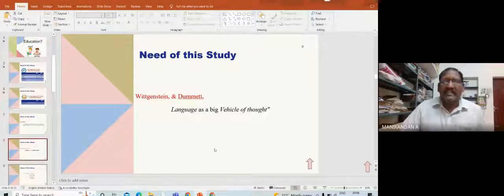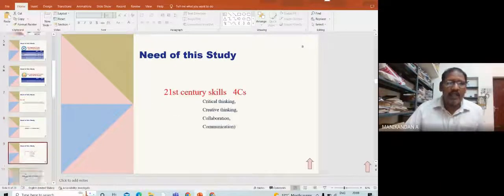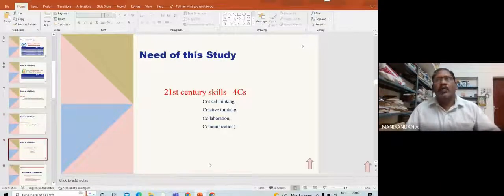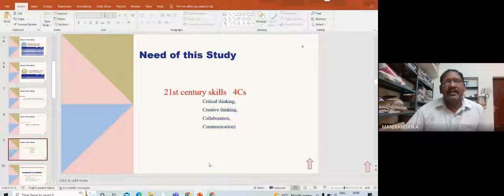Even Wittgenstein and Dummett also suggest the quote, "language is a big vehicle of thought." Without a proper fluency in their language, the student cannot acquire the 21st century skills.